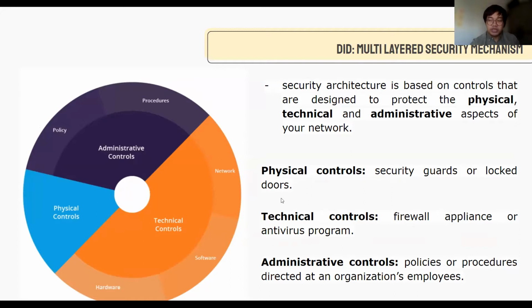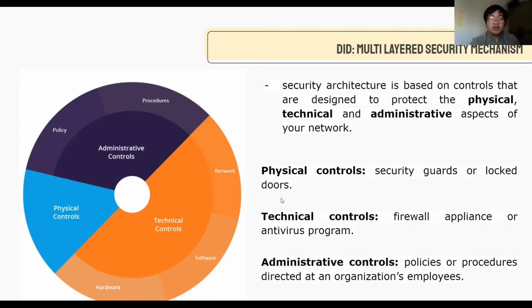Okay, followed with technical controls. So network systems or resources that specialize hardware or software, such as firewall appliances or antivirus, are being protected by these technical controls. So I'll be giving examples in a while on where these technical and physical controls vary.